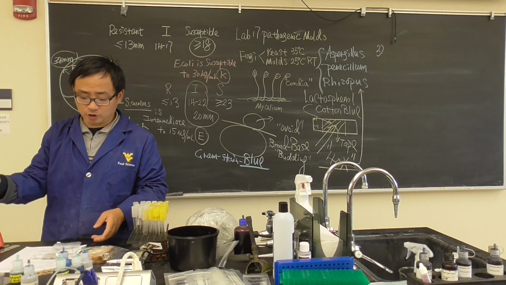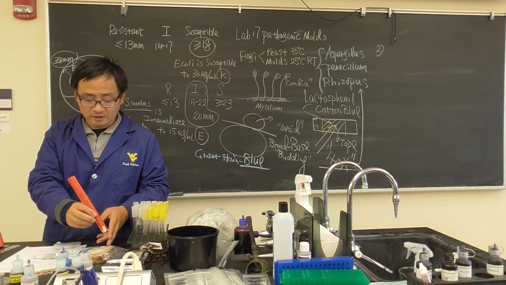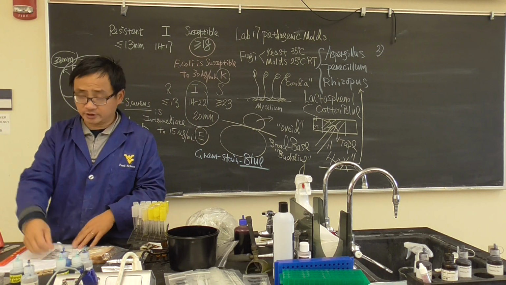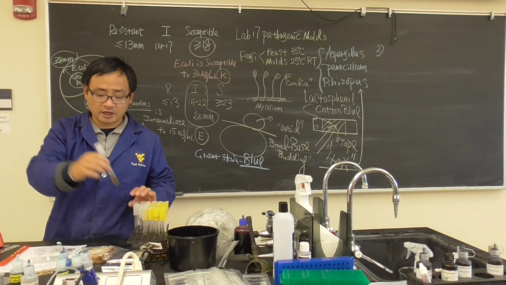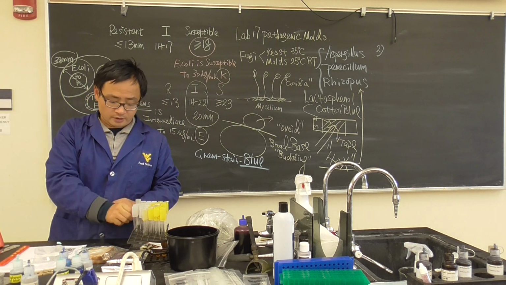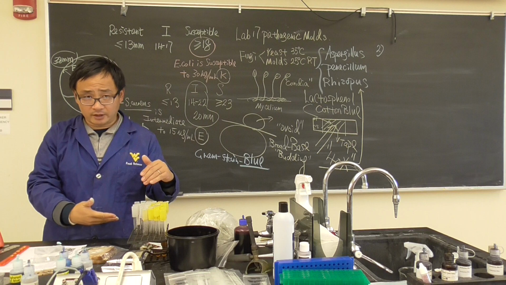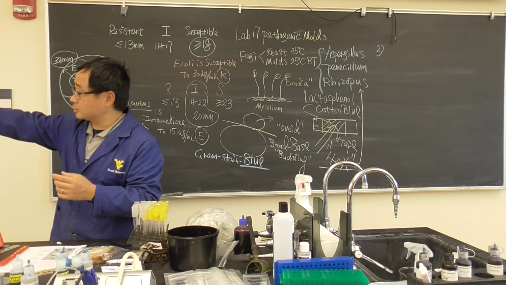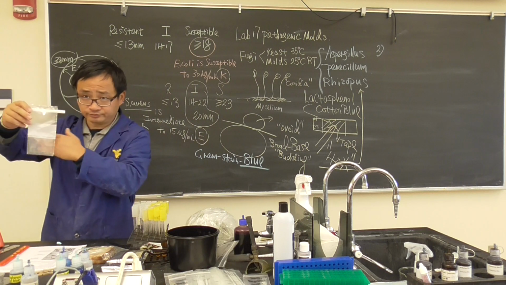I'm going to help you grab approximately 2 grams from each bread with the chopstick, put it in the sample bag, and add 10 ml, a very limited amount, of nutrient broth. Then I'm going to go to the stomacher.